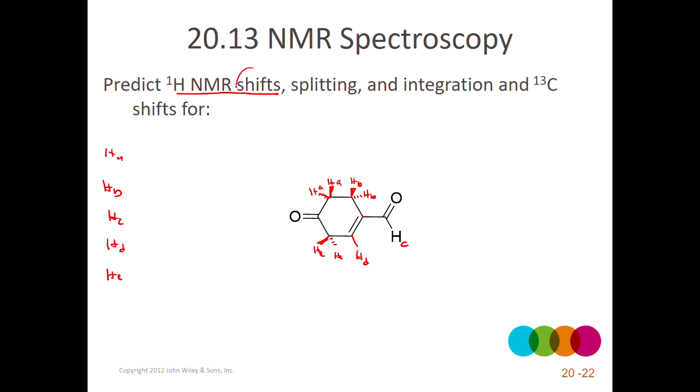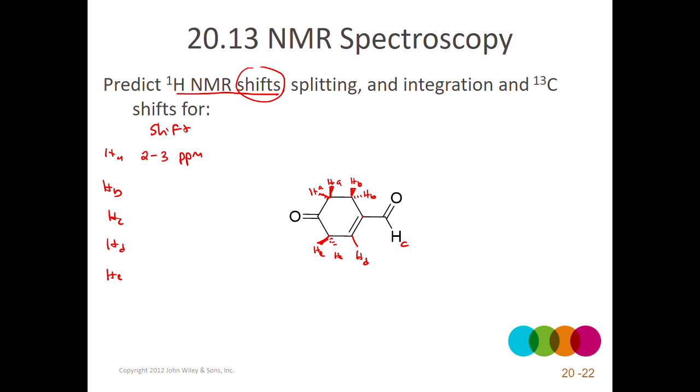So if we're looking at the shift, hydrogen A, it's a methylene or a CH2. So normally that comes around 1.2, but it is 1 away from a CO double bond, so that's going to cause it to be increased by about 1 ppm. So probably between 2 and 3.